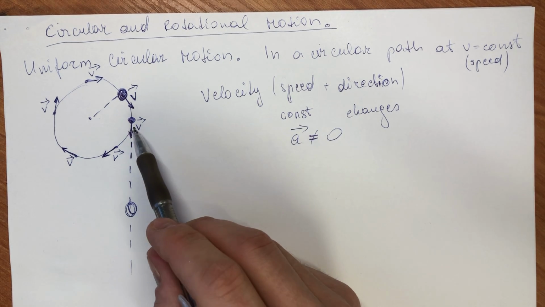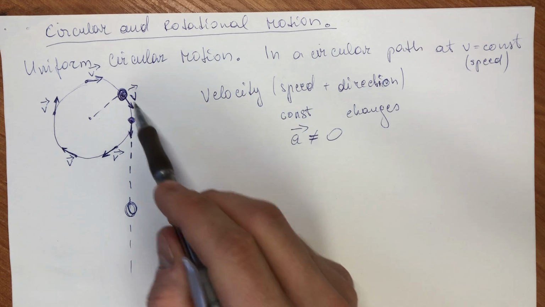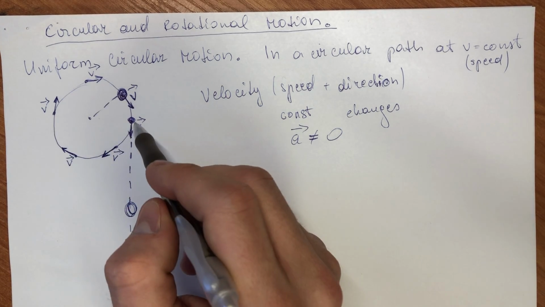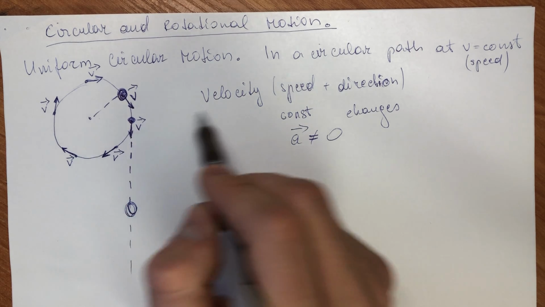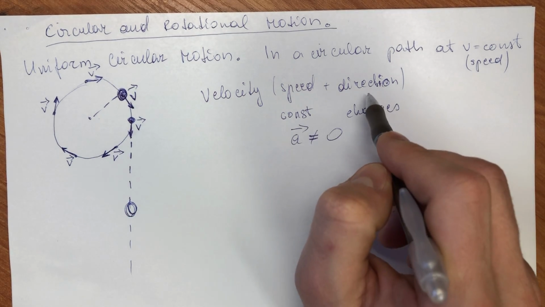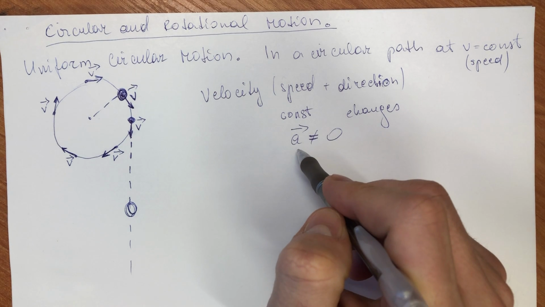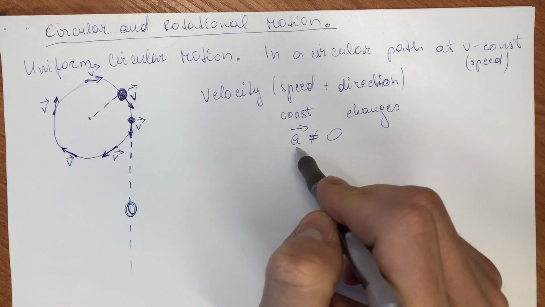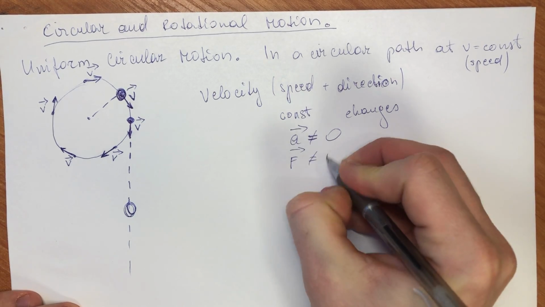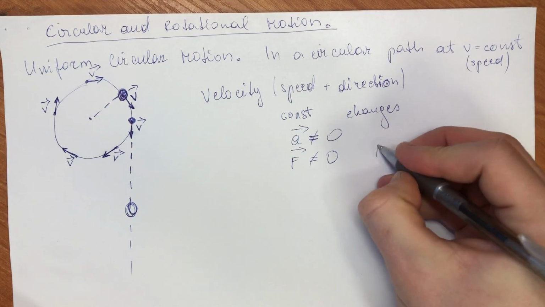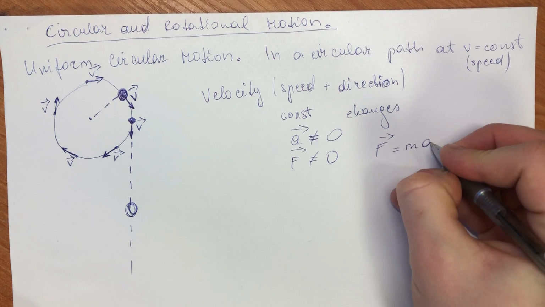In this case, the object is moving around, so the direction of velocity changes. Although the speed is the same, direction changes, so there has to be acceleration and there has to be force, because F is equal to ma.